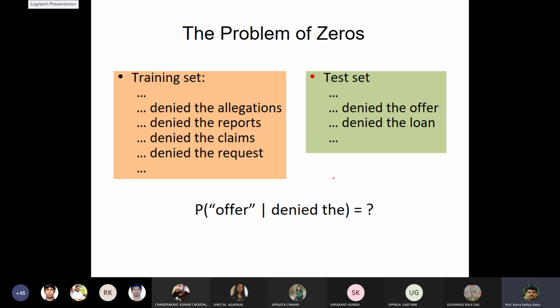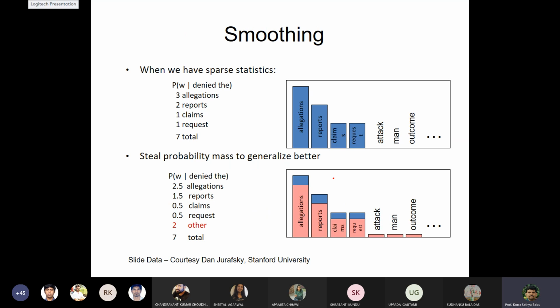So how can you assign some probability there? It means it should be a 0 probability, but actually it is a syntactically correct sentence. Denied the loan, denied the offer, these are the right sentences. So how can you neglect it? How to overcome this basically?